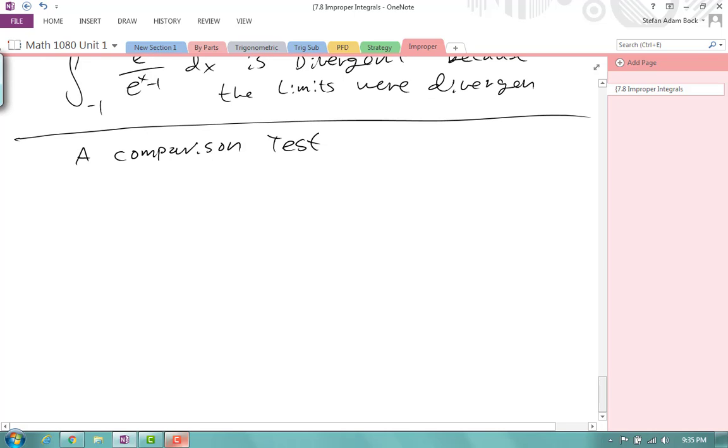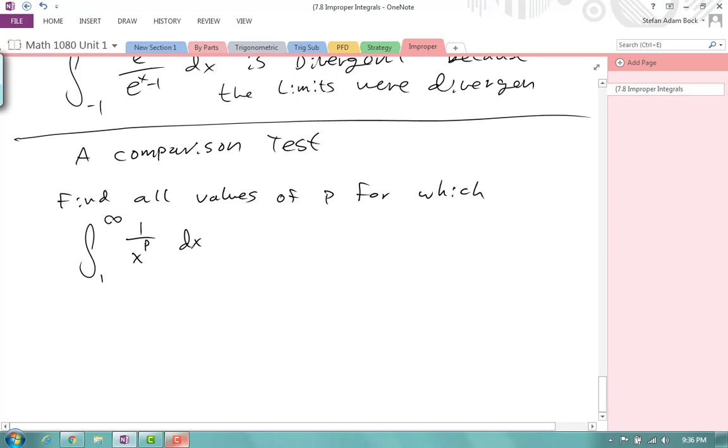And I get this from the following exercise. I want to find all values of p for which the integral from 1 to infinity of 1 over x to the p dx converges.